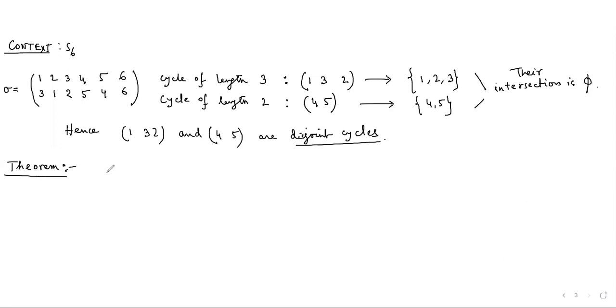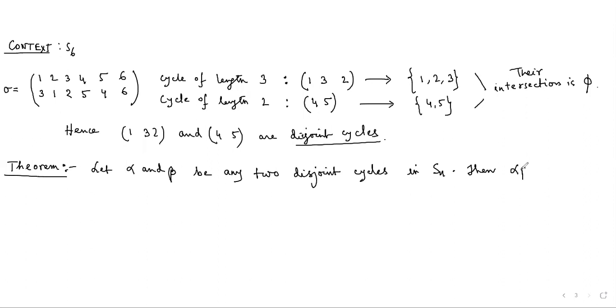The statement of the theorem says that let alpha and beta be any two disjoint cycles in Sn. Then alpha and beta will commute with each other with respect to the operation of composition.